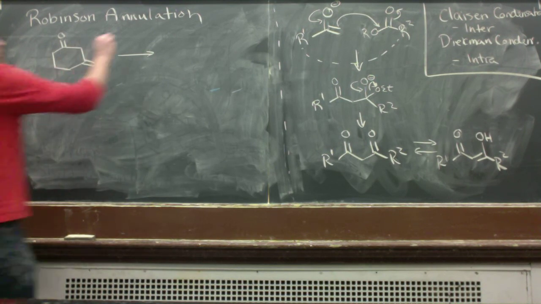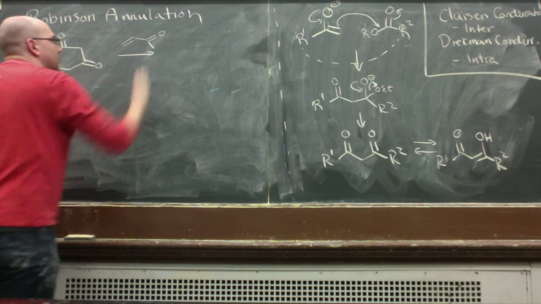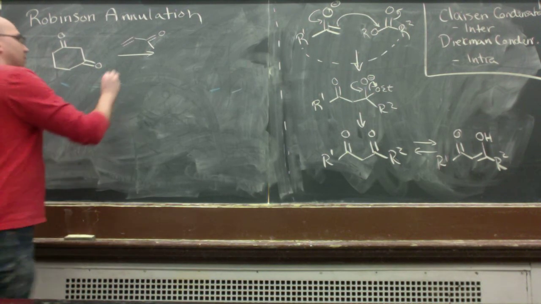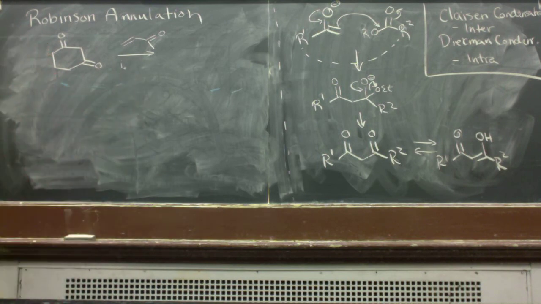And the reaction is going to be, okay, so what's going to happen is we're going to take these two molecules together. The first step will be a base. So we'll start this with a mild base.